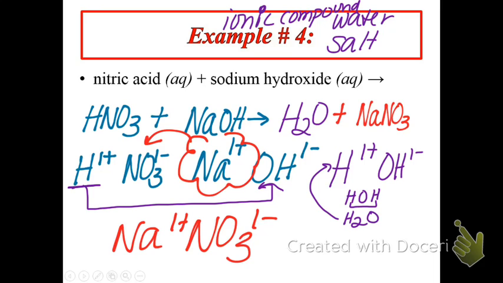Now to label it here, we still look up the solubility of your ionic compound. So the NaNO3 is aqueous, but your water, what's the most common form of water? Liquid. So that's how we're going to label it. And there you're done. So that's double displacement reactions. We're going to do lots of practice with that and hopefully get you feeling comfortable with those.